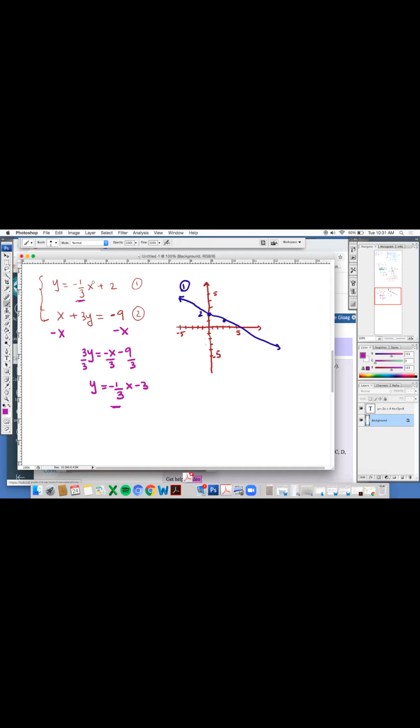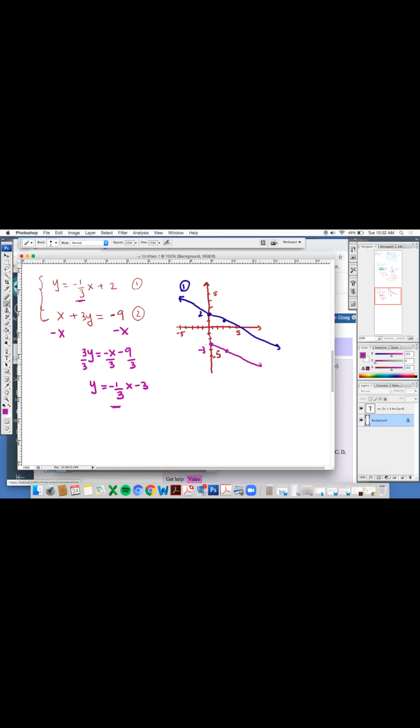All right, so when I graph these, because they have the same slope, they're going to end up being parallel. So let me graph this. I start at -3, which is here, and I go down 1 and 3 to the right.